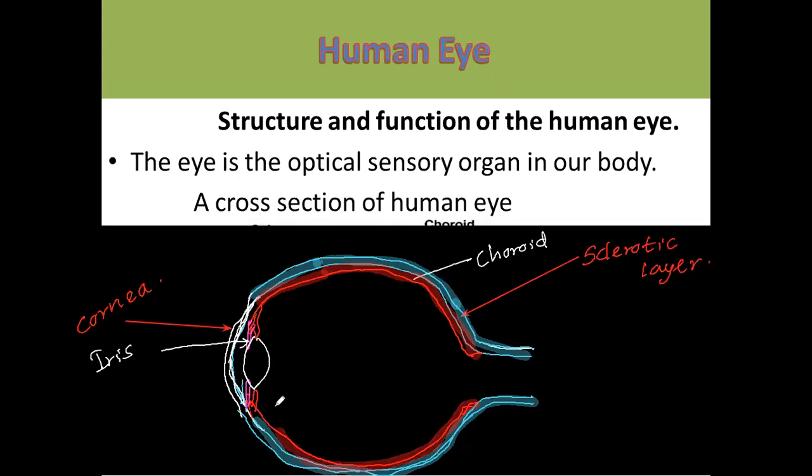Like this. Internal to the choroid layer, I will draw a yellow color part. That is called the retina. Starting from here. Retina. Rod and cone cells are there.